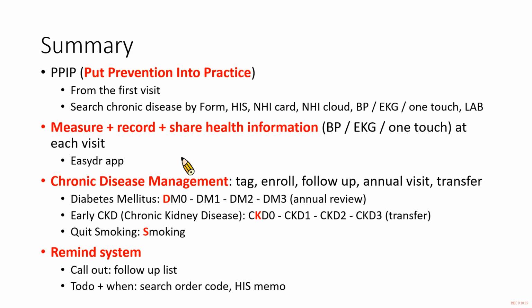Part 2 shows you how we record and share information at each visit by APP and the online service. Part 3, chronic disease management. We show you how to tag the chronic disease patient and enroll, follow-up, annual visit, transfer.